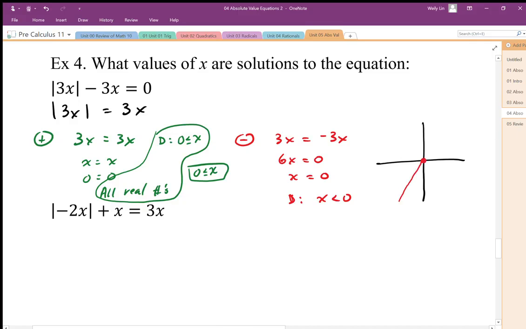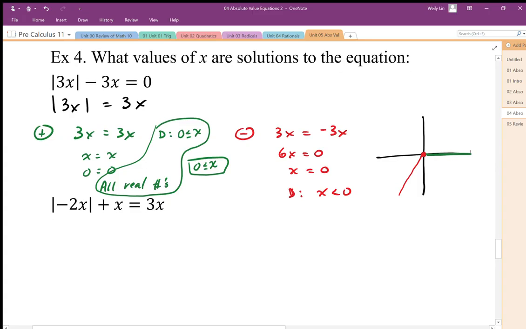It's going to hit 0, so there's our solution, x equals 0. And for x greater than 0, we have x equals x, or the graph is just going to be 0. So it's going to be equal to 0 all along that line, so that shows why it looks like this. If you go ahead and graph it, we're going to end up with a graph that looks like this.